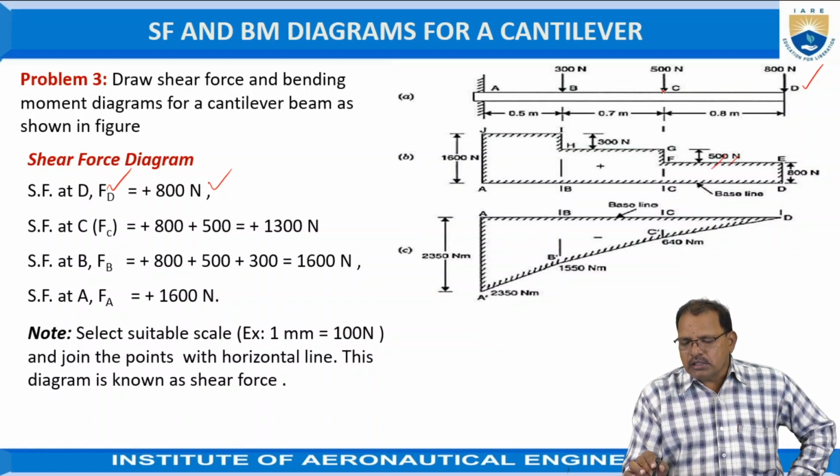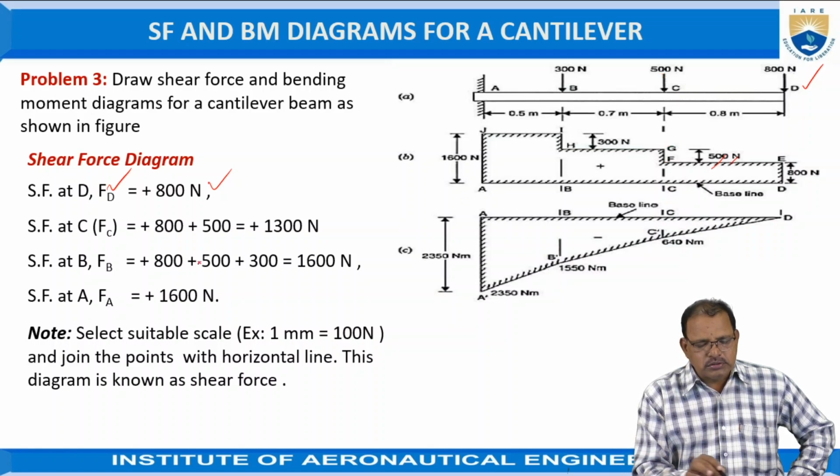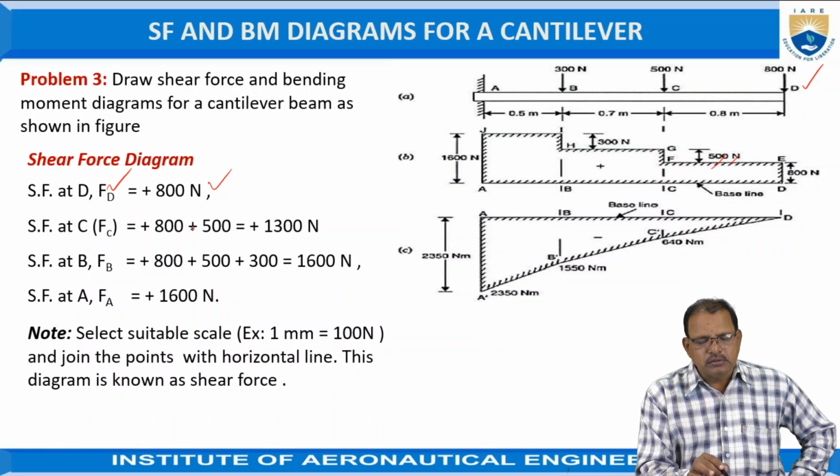But at C, the total shear force is equal to 800 plus 500. Hence here you have to raise upward to represent the additional force of 500 newtons. Or in other words, the shear force at C is equal to 800 plus 500, which is equal to 1300 newtons.